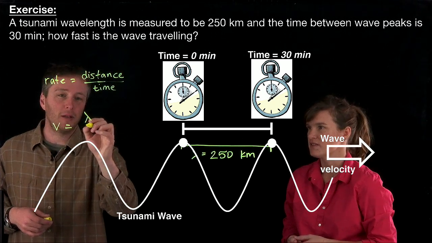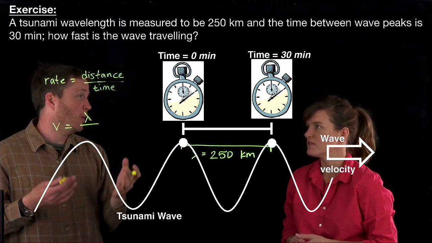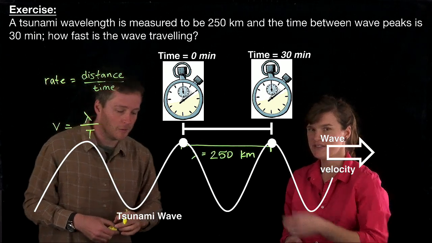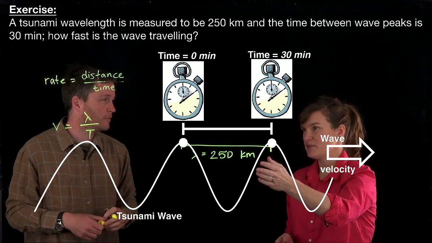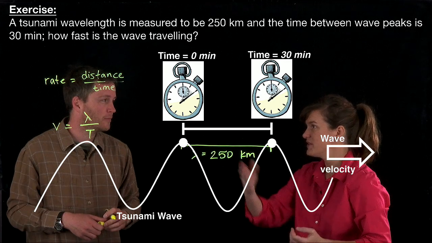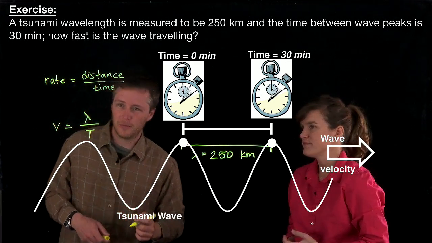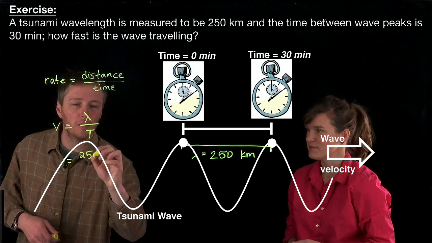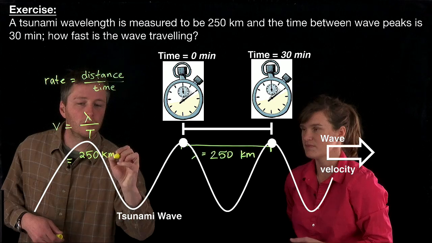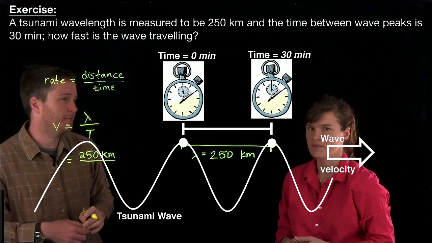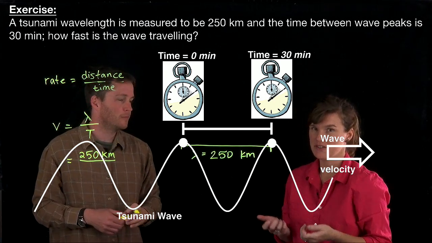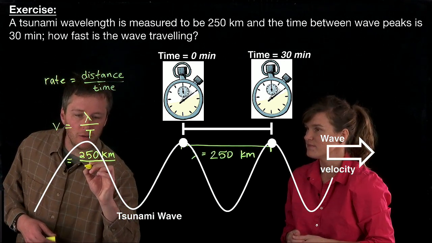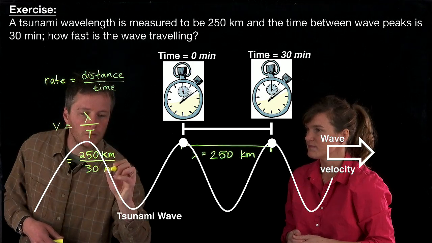And for the time, we need to know the period. From our example, the wavelength is 250 kilometers, so we can plug that into the numerator. What about the denominator? We saw that our time, or our period, was 30 minutes, so we'll put 30 minutes in here.